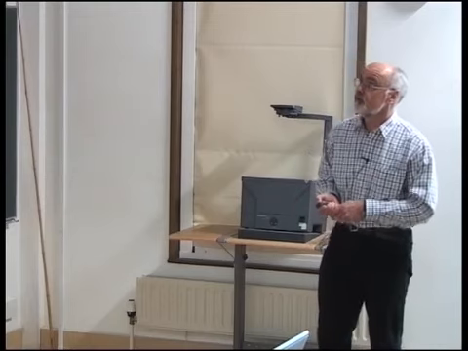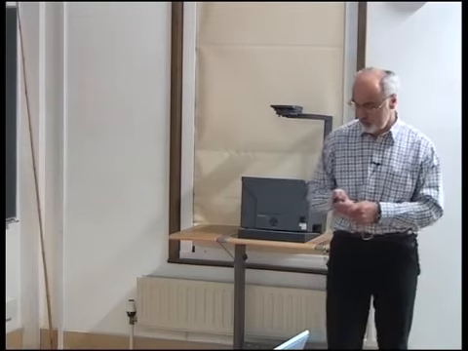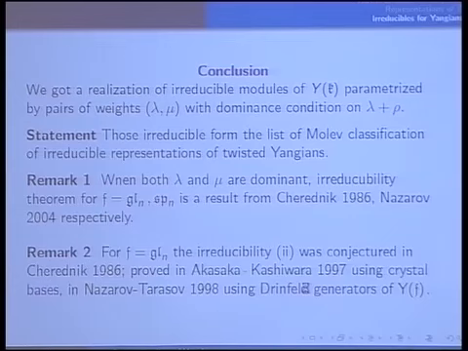So we have a realization of irreducibles for the Yangian, for twisted Yangians, and they are now parameterized by two weights, lambda and mu, and the dominance condition on lambda plus rho. And I state that we get precisely the list which is given in Molev's work for irreducible representations of twisted Yangians.